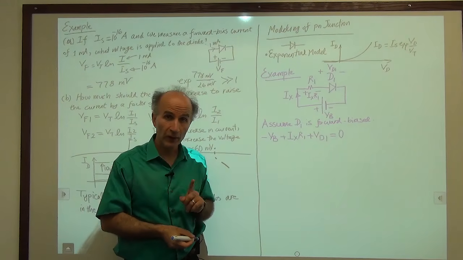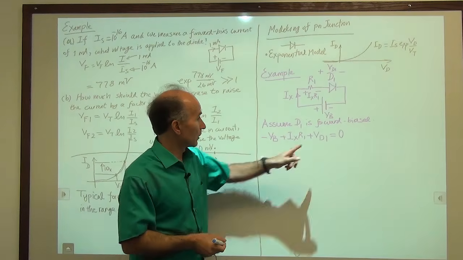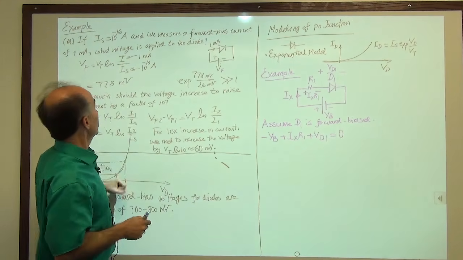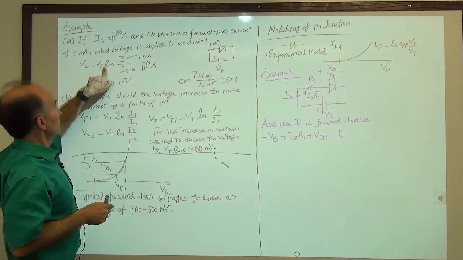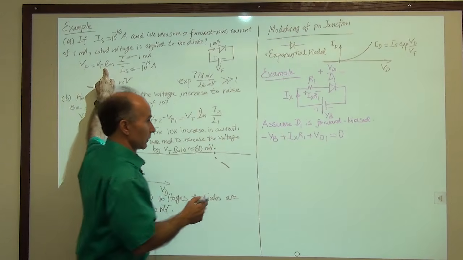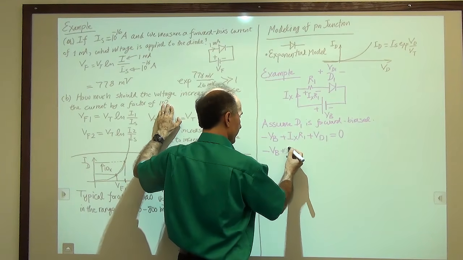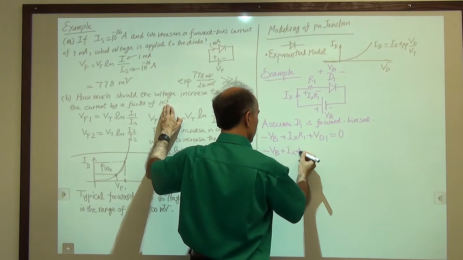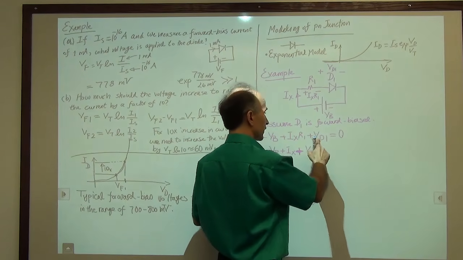Remember, what we are looking for is Ix. Ix is unknown. So now we replace VD1 with the equation that we derived before. Remember, we used this type of equation, Vt log of. So we'll say minus VB plus Ix is equal plus Vt log of the current through the diode.